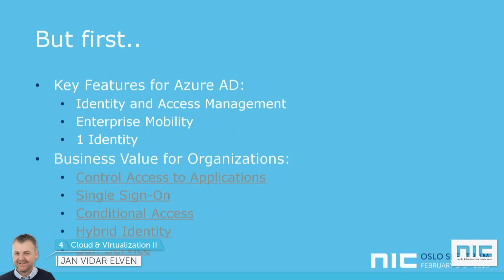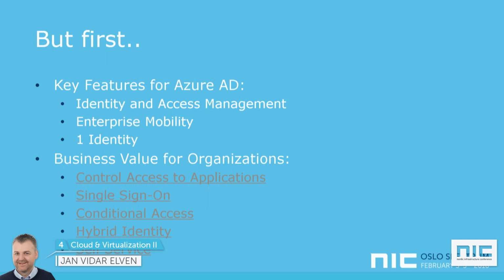Yeah, good. Well, the key feature with Azure AD is it's an identity and access control solution. Not only for cloud resources, but also for resources in your local on-premise data center. That's the key feature of Azure AD. It's a platform service.